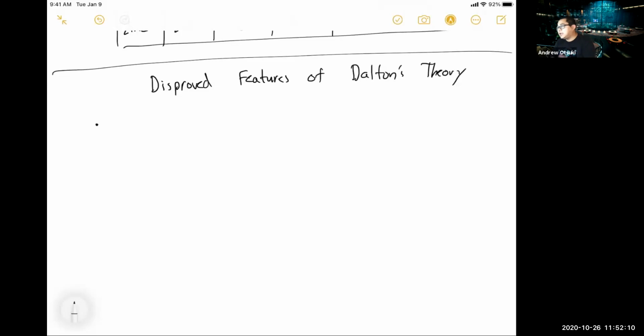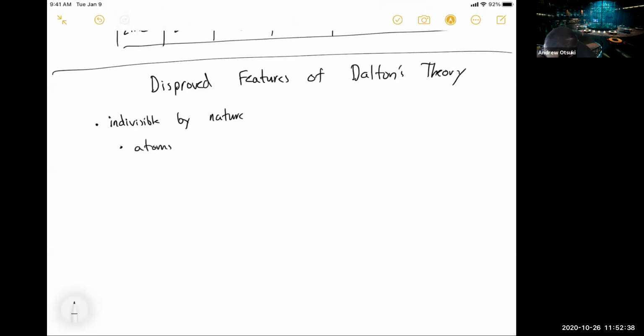He stated that atoms cannot be divided into any other particles or things, that the atom was just one complete entity, and that's what all atoms were. So atoms were indivisible by nature. Well, we disproved that by the existence of subatomic particles.